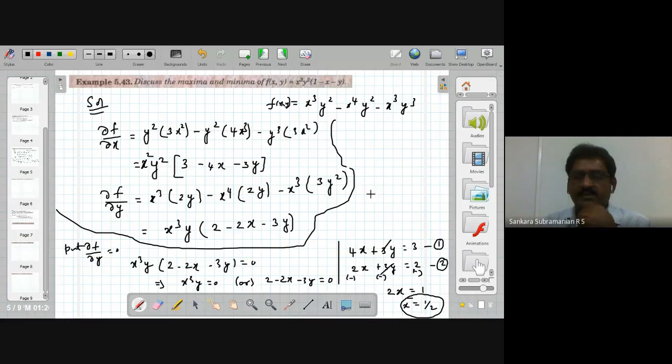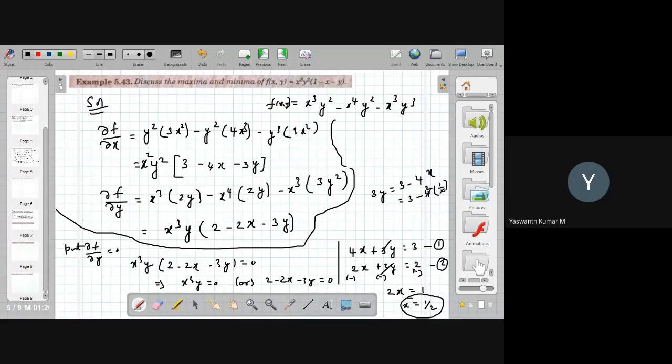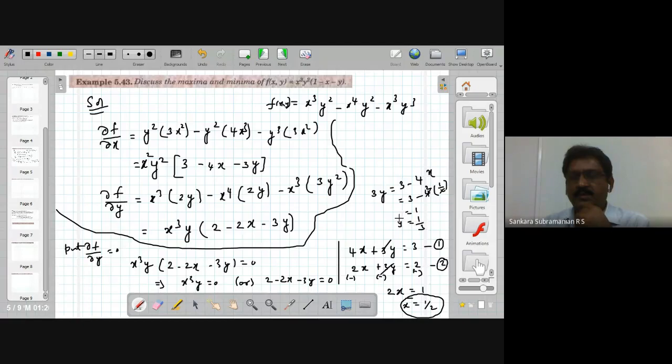To find y, you get 3y equal to 3 minus 4x, which is equal to 3 minus 4 into 1 by 2. You get y is equal to 1 by 3.